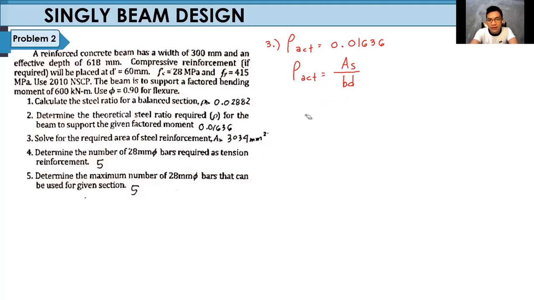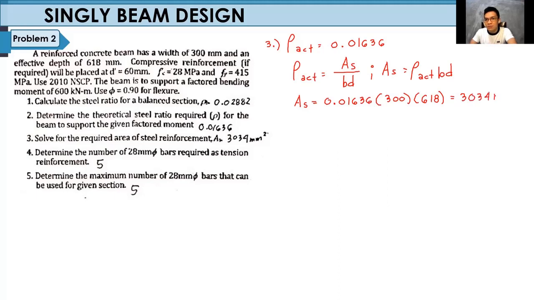AS is equivalent to rho actual multiplied by b d. So, area ng steel natin, lagay natin yung rho actual, 0.01636 multiplied with our base, 300, and then yung ating depth, which is 618. Di ba? Therefore, ang total natin na area ng steel is equivalent to 3,034 millimeters squared.